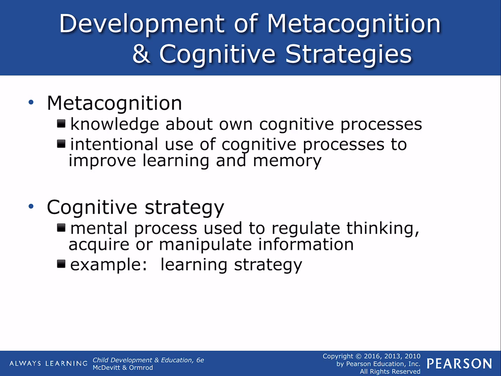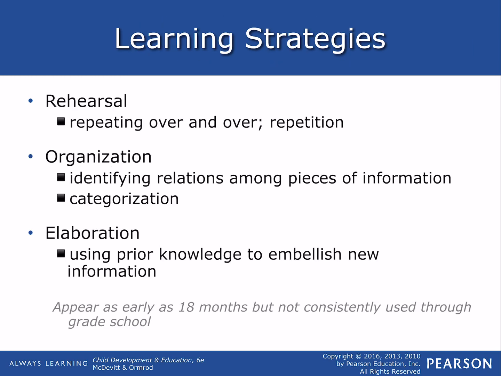And then what is a strategy? A cognitive strategy is something that is used to intentionally regulate thinking. So a learning strategy. One of those things that you're familiar with that you may not have labeled as a strategy before are things like rehearsal, repeating something over and over again, memorizing a speech, that kind of thing.